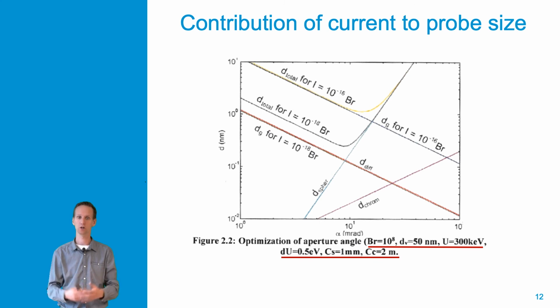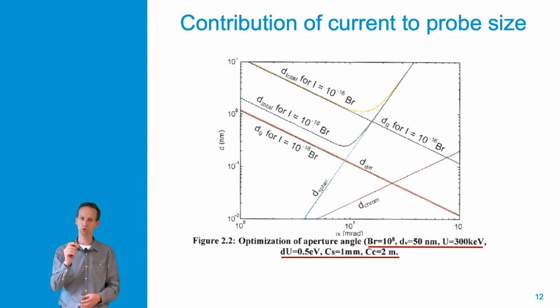Now, of course, for each opening angle, we can indicate the dominant contribution, and we can indicate the sum of all these contributions to the total probe size, which is what you see indicated by the hyperbolic-like curve here. So we see that for very small opening angles, the virtual source size demagnification dominates, while for higher opening angles it is very quickly the spherical aberration coefficient that dominates.